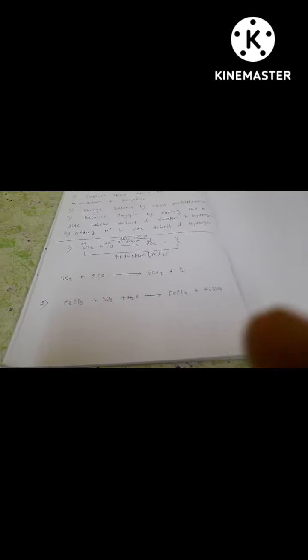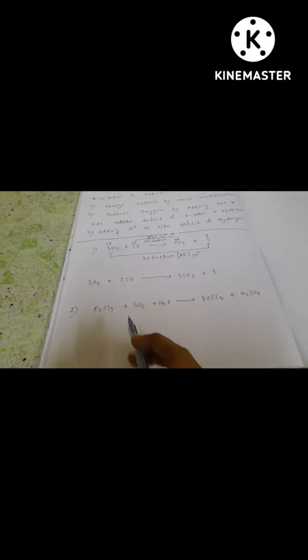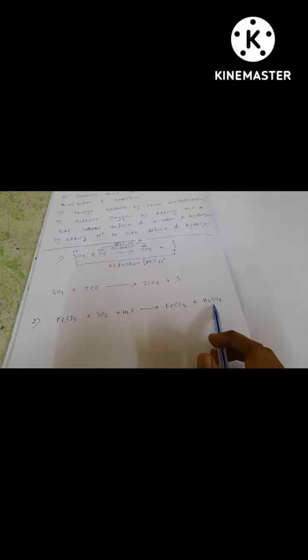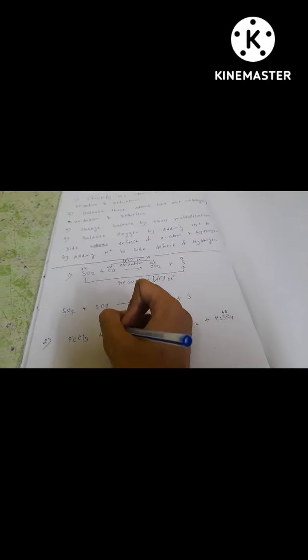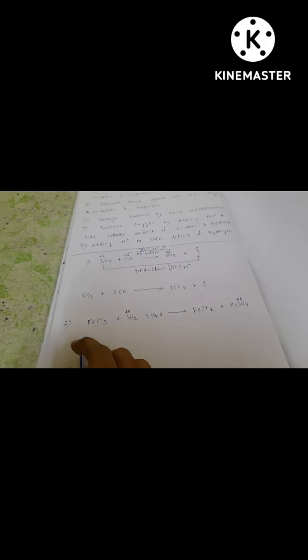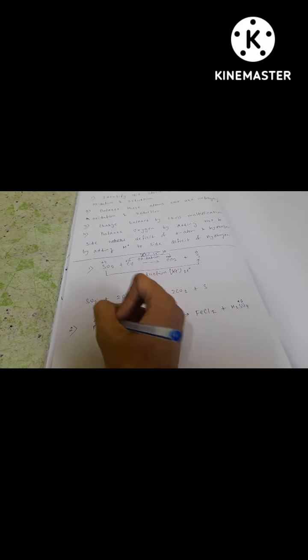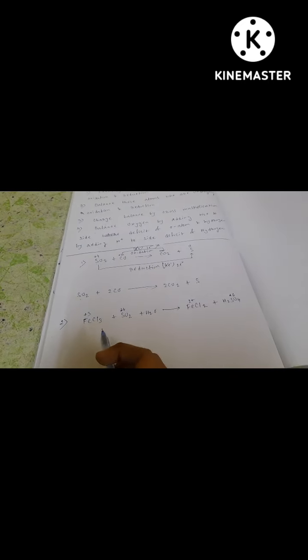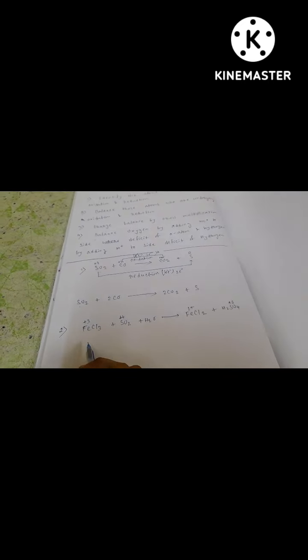This is another equation where SO2 acts as a reducing agent. It gets itself oxidized. In H2SO4 the oxidation number is +6 and here +4. So here Fe3+ goes to Fe2+. So here again the same method is applied.